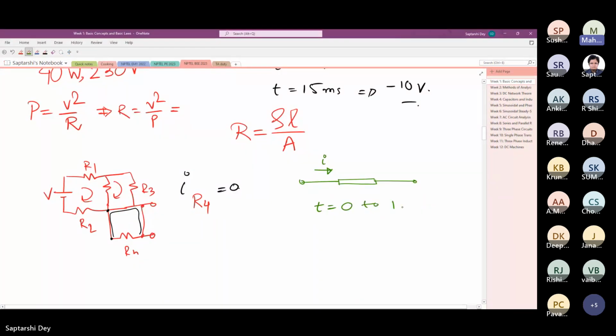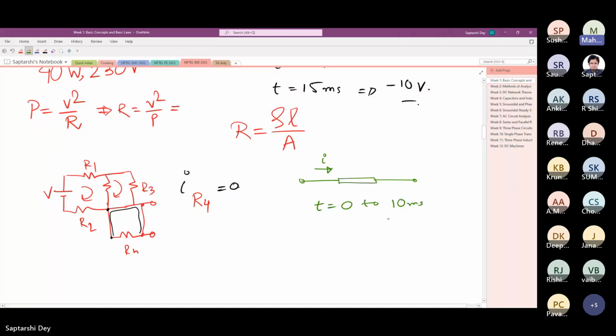And some problems may have minus 10 millisecond to plus 10 millisecond. You can take it that way.